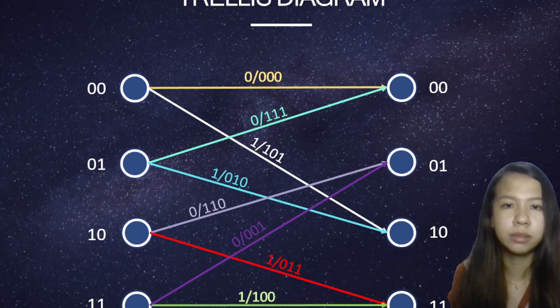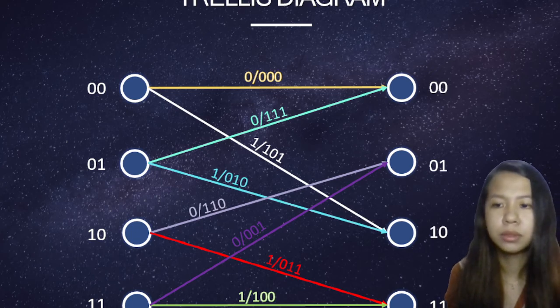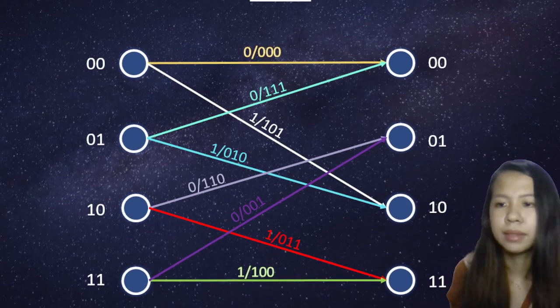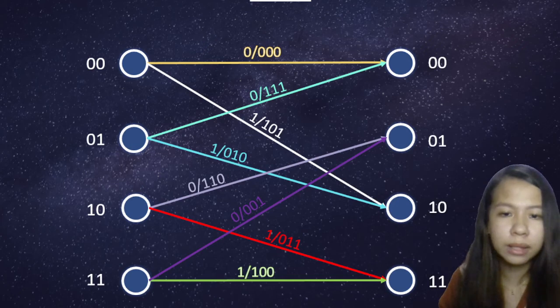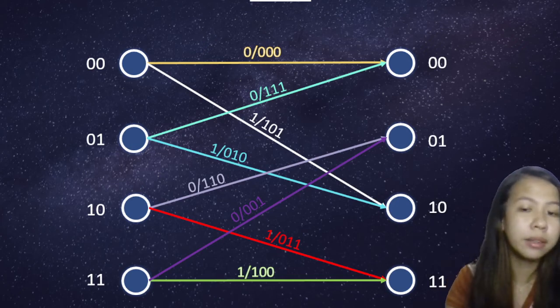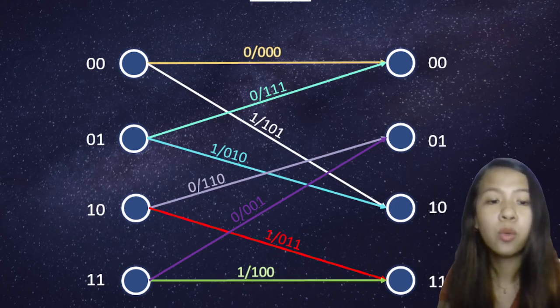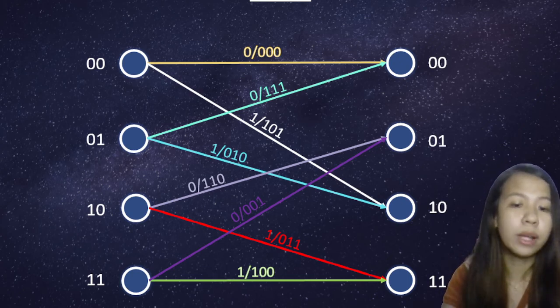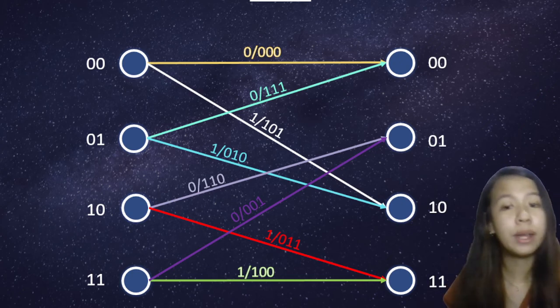Let me adjust my video. Okay. So, in the red one, if the input is 1 and the current state is 1, 0 and the next state is 1, 1, then the output is 0, 1, 1.